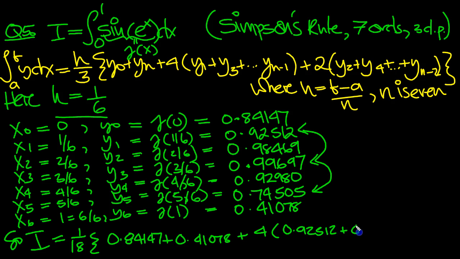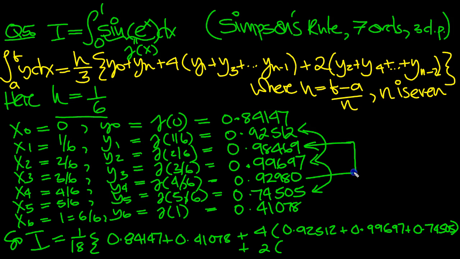0.92512 plus 0.99697 plus 0.74505, plus 2 times the evens, and the evens, other than the first and the last, of course, which are omitted from consideration.